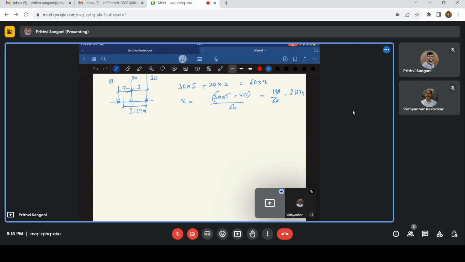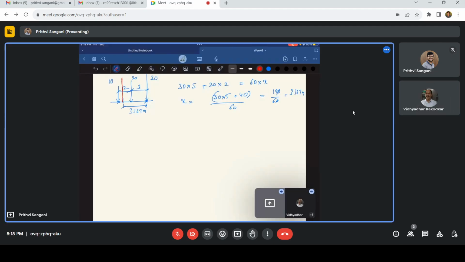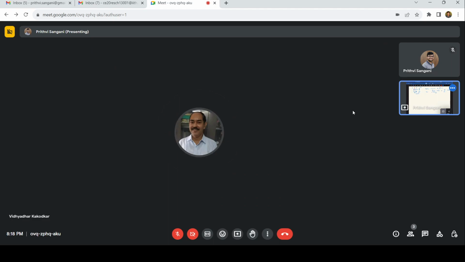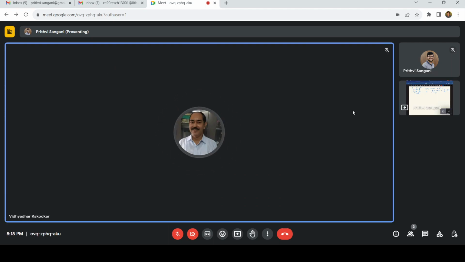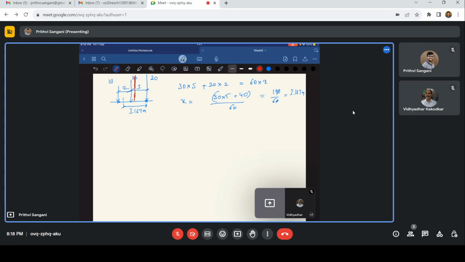From this support, from the 10 kilonewton load. So that is somewhere here. This is 3.167 meters.